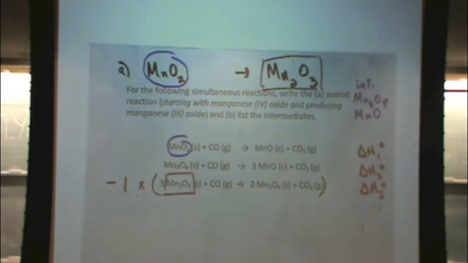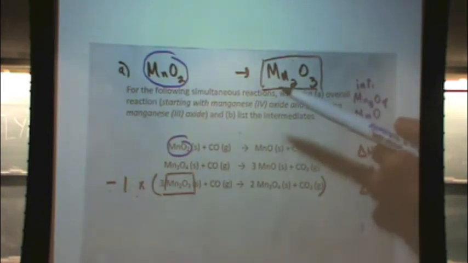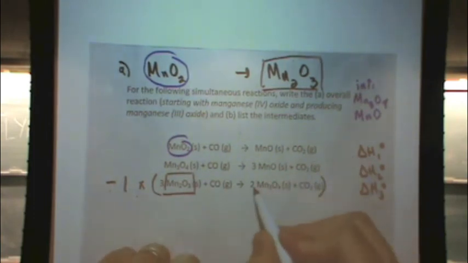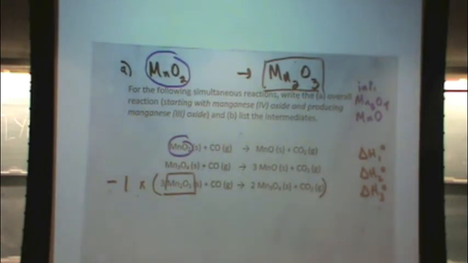Okay. Now, let's see. I'm not going to do that one yet, though. Let me work on the intermediates now, because let's get a different color. So I'm going to pause before I get to the MnO2. What's a different color? It's pretty seeable. Let's do blue.